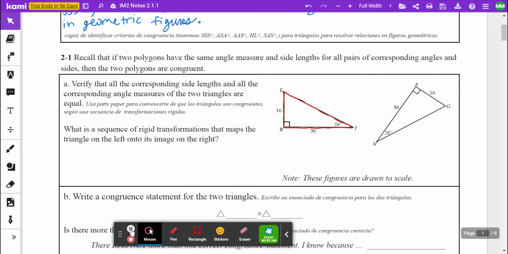As a reminder, a sequence of rigid transformations is just moving one figure onto the other with rotation, translation, or reflection. So I'm going to move the vertex I onto the vertex N. I actually can't rotate with the program I'm using, but hopefully you can see that if I were to rotate this figure, I could make it match up with this triangle.